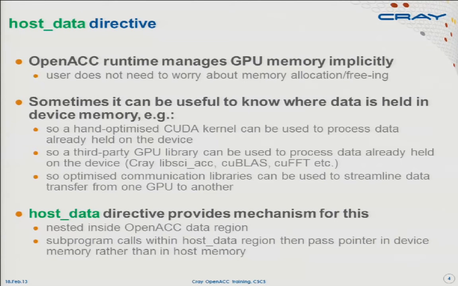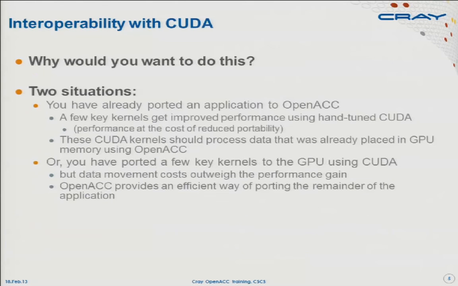But when you make that call and pass as an argument the array that you want processed, that code is obviously a CPU-executed line, and normally the arrays that you pass would be pointers in CPU memory. You want to say, for this particular region of the code, I want this to be a pointer in GPU memory. And so this is what the host data region gives you.